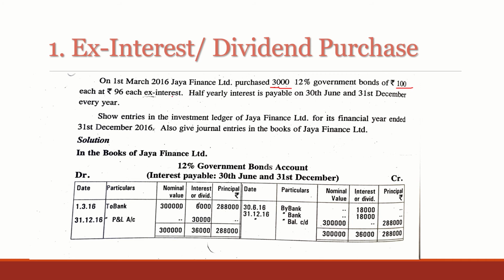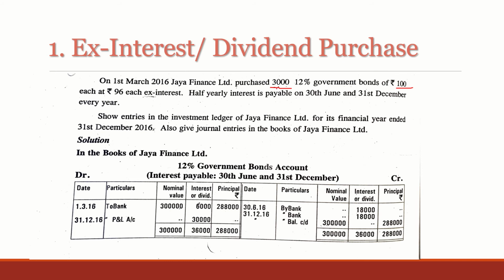Then what is the principal value? In normal cases, principal value is 3,000 into 96. So 3,000 into 96 gives 2,88,000.